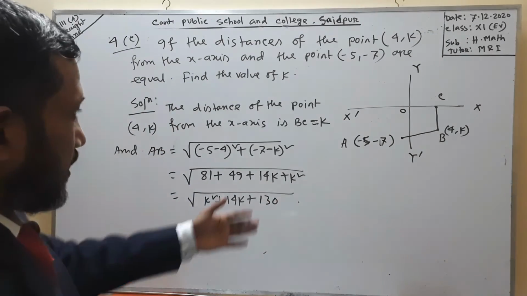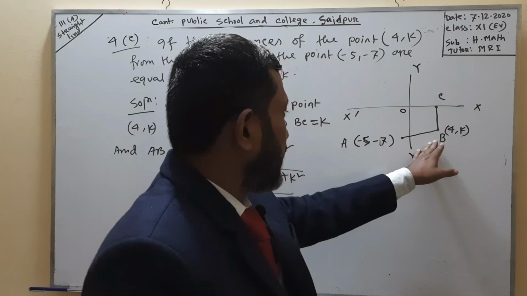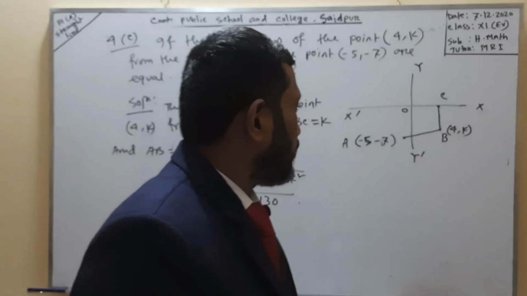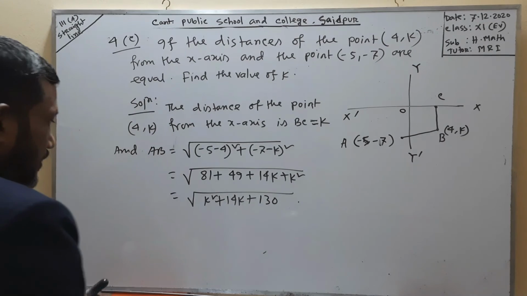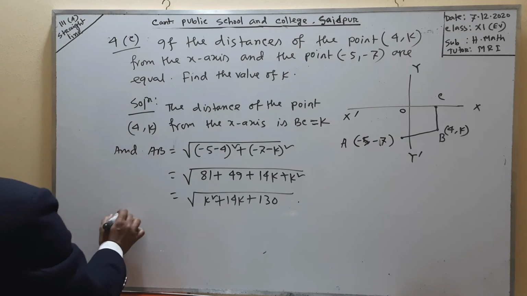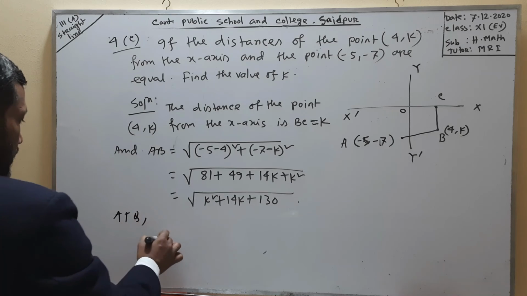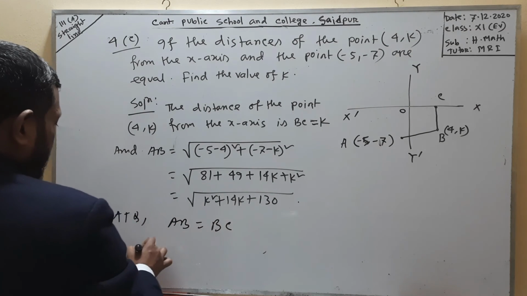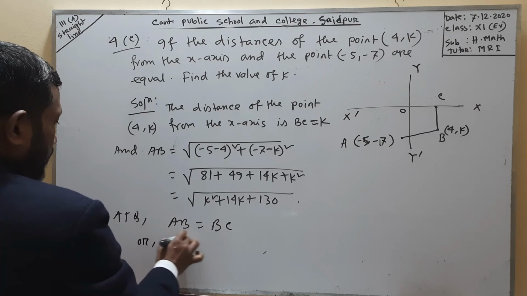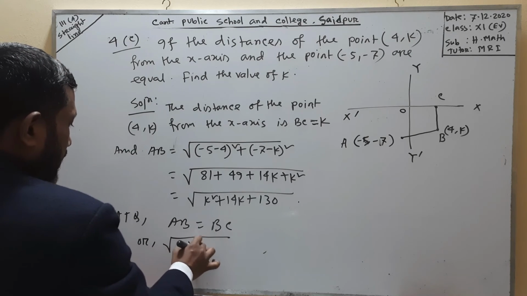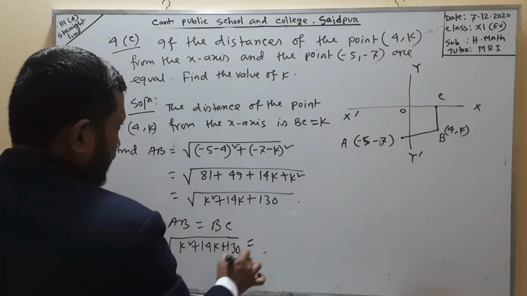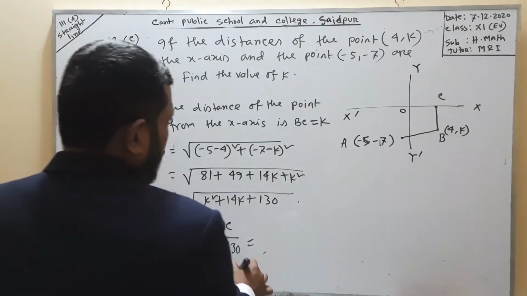According to this question, the distance from A to B is equal to the distance from B to the x-axis. So according to the question, AB is equal to BC. Therefore square root of k square plus 14k plus 130 is equal to k.